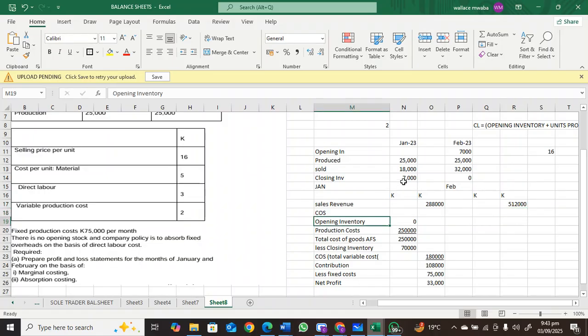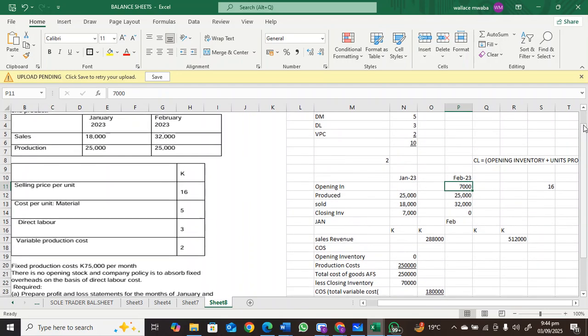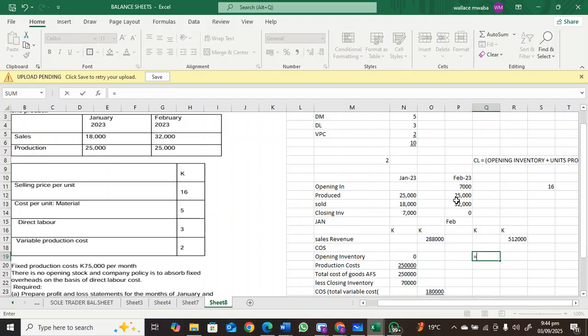Opening inventory, we've been told it's 7,000. We value the opening inventory at this total production cost of 10 kwacha per unit. So opening inventory, these 7,000 units valued at 10 kwacha per unit, 70,000.